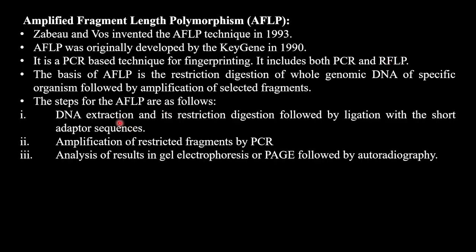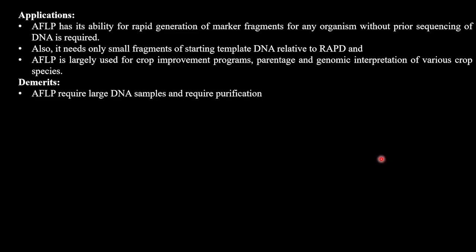The first step is DNA extraction. Then you digest it with the restriction enzymes, one a frequent cutter and one a rare cutter. Then you add the adapter sequences to fill the overhangs. Then you amplify them by PCR, and then you analyze them in gel electrophoresis or native gel, followed by autoradiography.